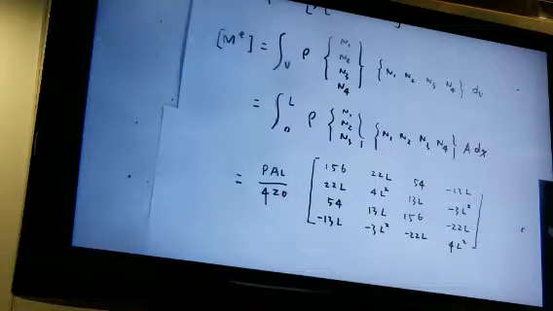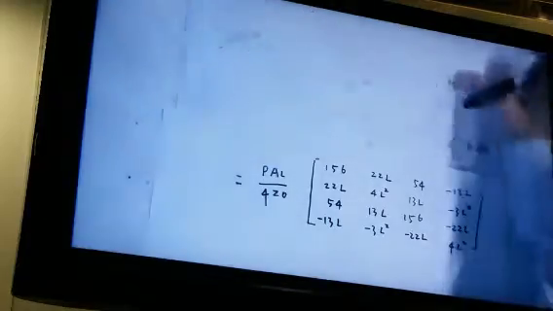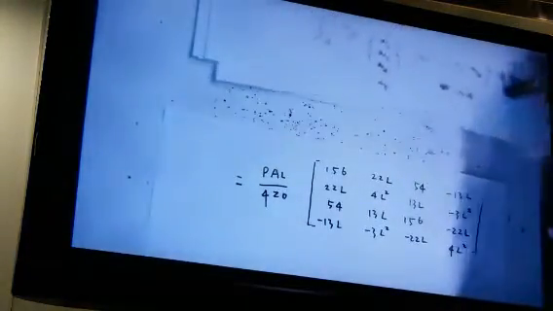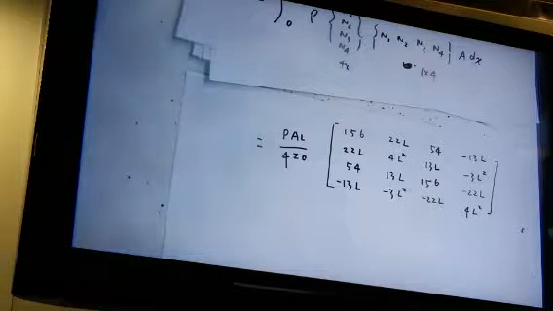This is a mass matrix for each beam member, beam element. Look at this matrix. It's also symmetric. Because N1 until N4 times another N1 until N4, you just check the notation, you will figure out it should be symmetric. If you do not get a symmetric matrix, that means your calculation is not correct. So this is the M matrix. The K matrix is the same as what you learned in the stiffness matrix method.